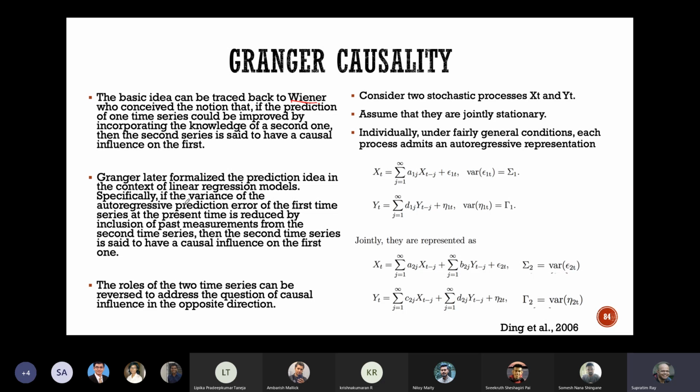Suppose you've got two stochastic processes, xt and yt, and you have an auto-regressive model, which means you are able to predict xt based on past values of x, and you are able to predict yt based on past values of y, and you have some error in the prediction, some part that you are unable to predict, which in this case is given by epsilon and eta. Okay, and then the variance of epsilon here is your sigma 1, and variance of eta is capital gamma 1.